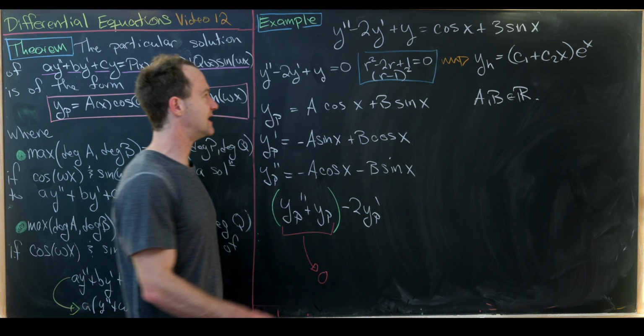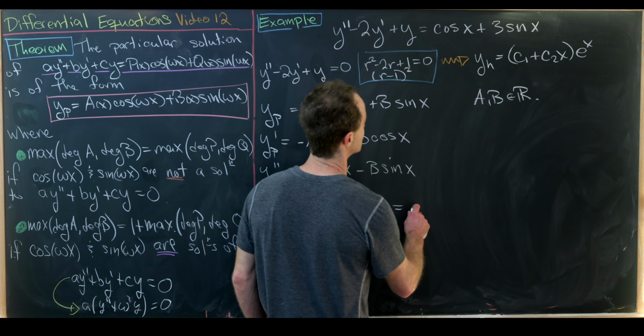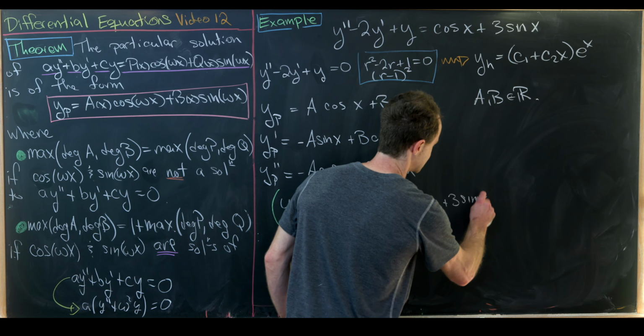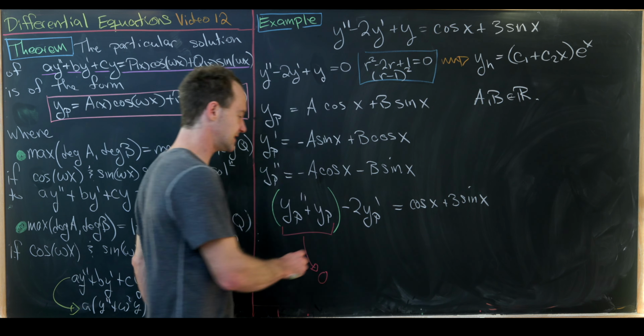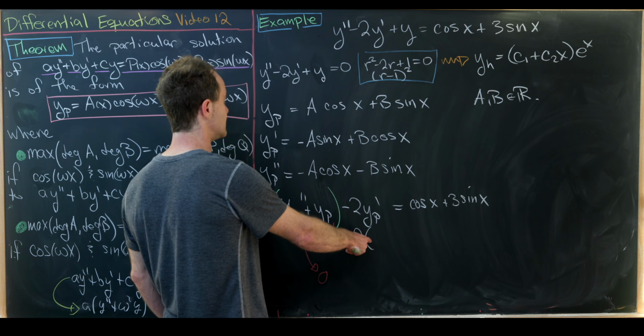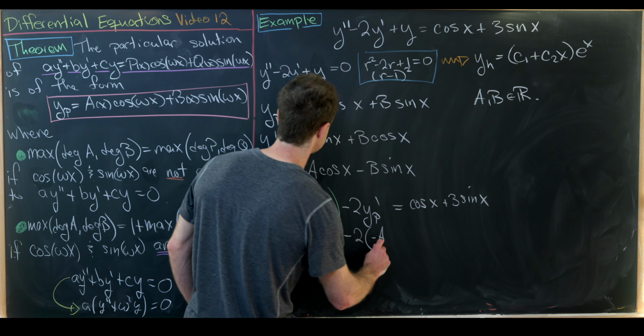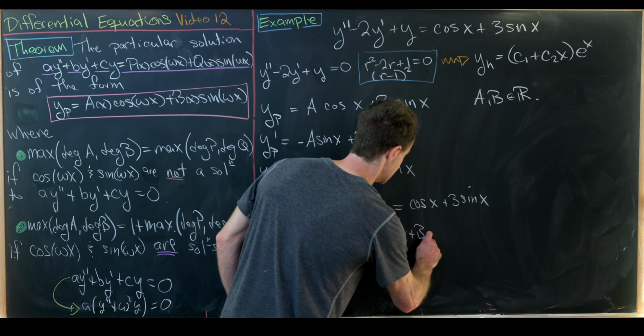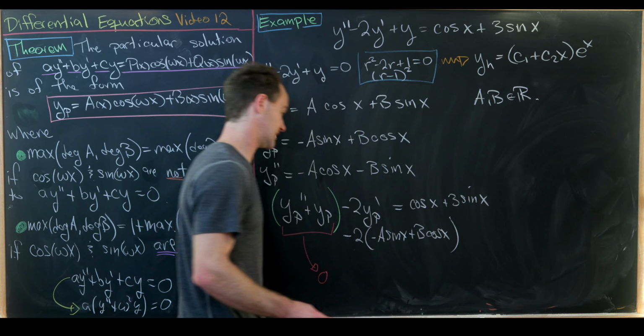Okay, so anyway, now we need to impose this equals cosine of x plus 3 times sine of x. So let's bring this down. We have minus 2, and then yp prime is minus a times sine of x plus b times cosine of x.